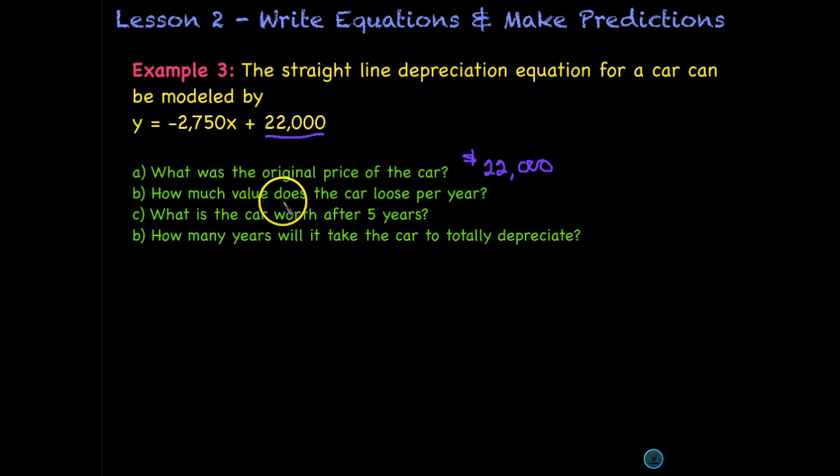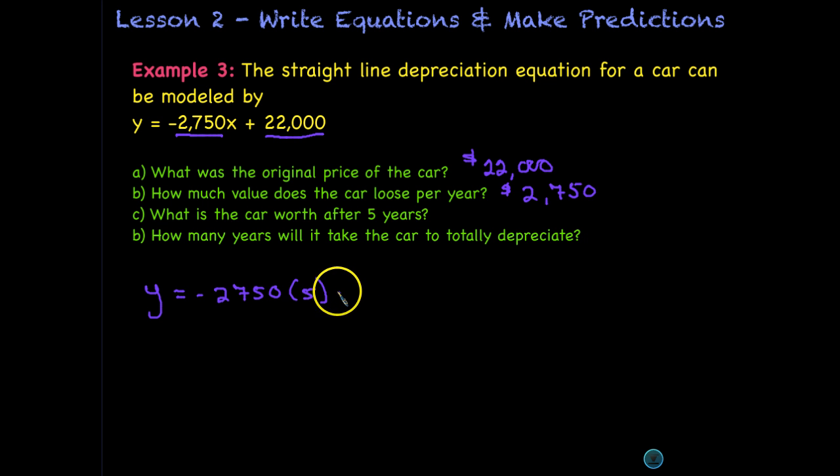Then it says, how much value does the car lose per year? Well, we know that M here, which is our slope, represents the depreciation that goes away each year. And that value is 2,750. That's how much the car loses each year. Now we want to know, what is the car worth after 5 years? Well, just like the previous equation, we would need to plug in a 5 for x.